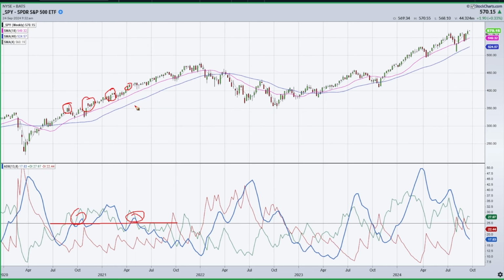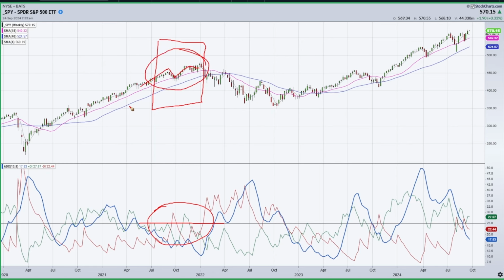If it does, then we should assume upside continuation. If we get, like we did here later in 2021 before the bear market started, you notice this died out. The ADX couldn't get above 25, even though price kept moving higher. It was a major sign, a huge warning flare that there was a problem with the trend. The trend was weakening to a significant degree. We want to be on the lookout for those kinds of periods.